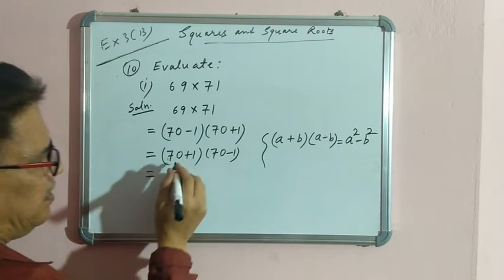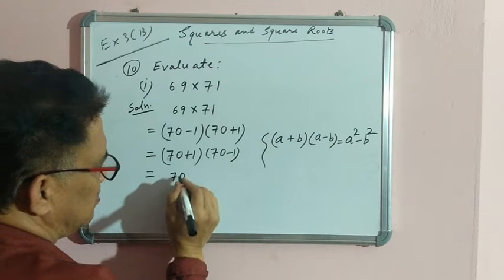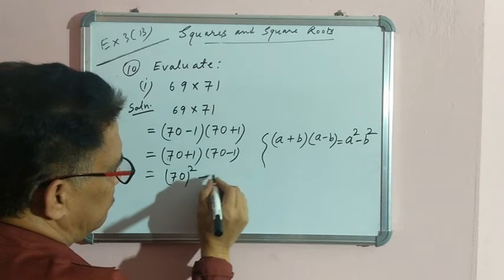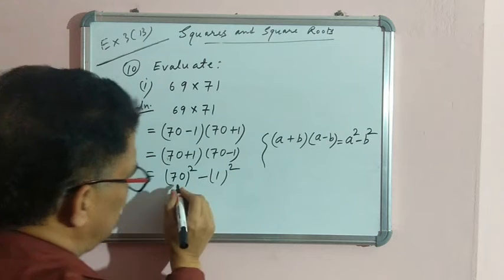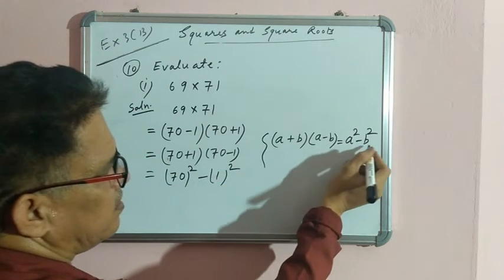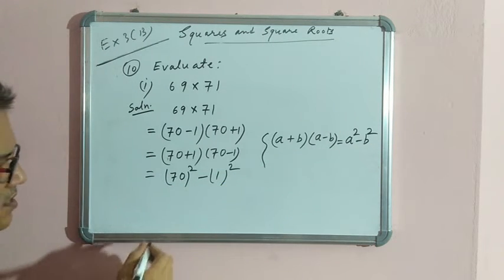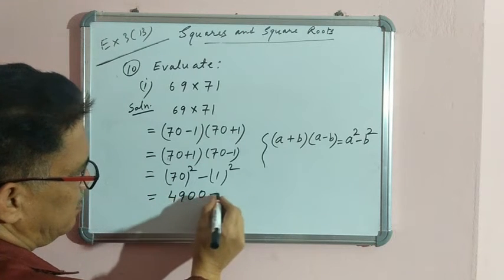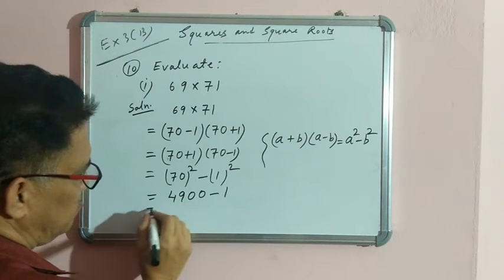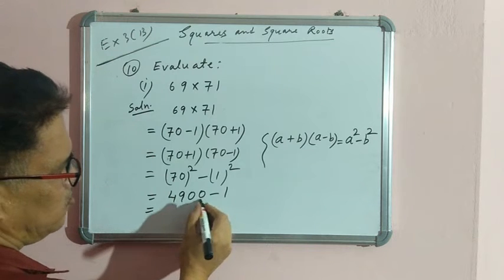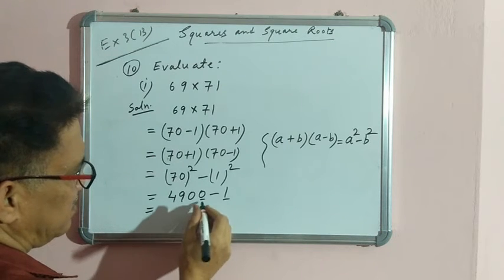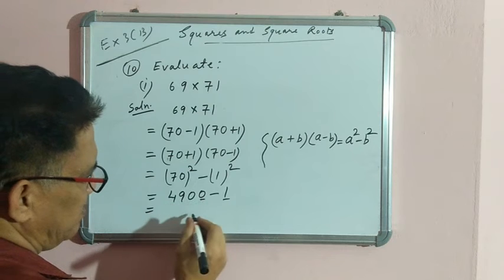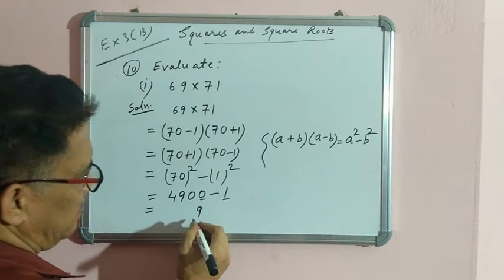So we are getting A square minus B square, that is 70 square minus 1 square. Now what you are getting? 4900 minus 1. Now you subtract it. 0 minus 1, that is 10 minus 1, that is 9.